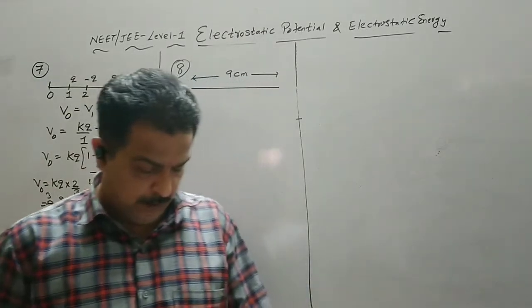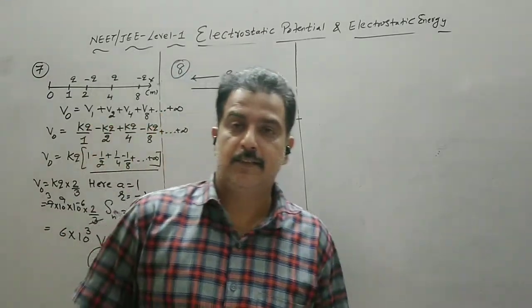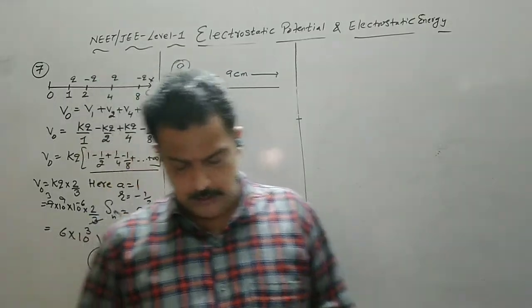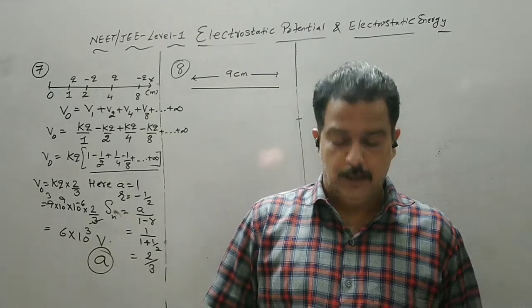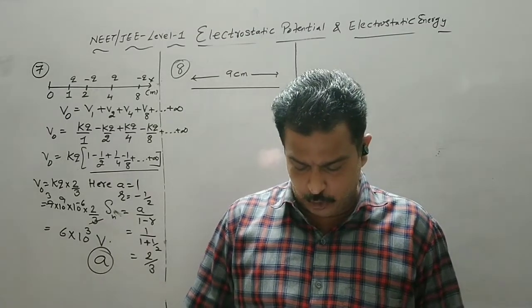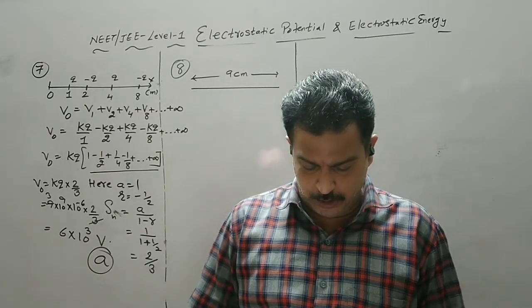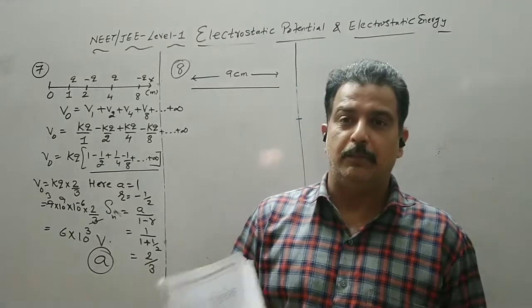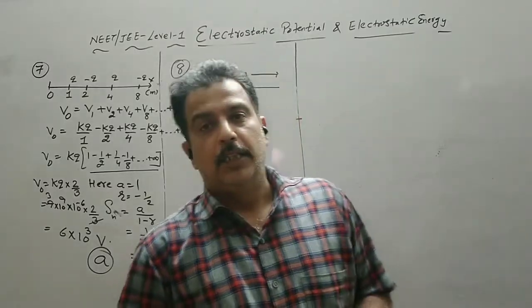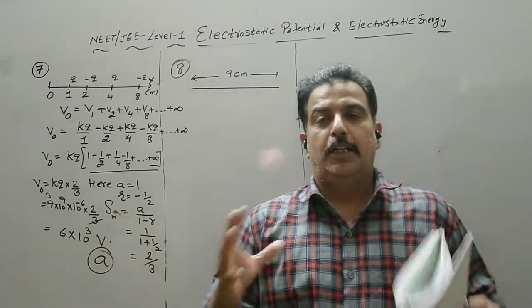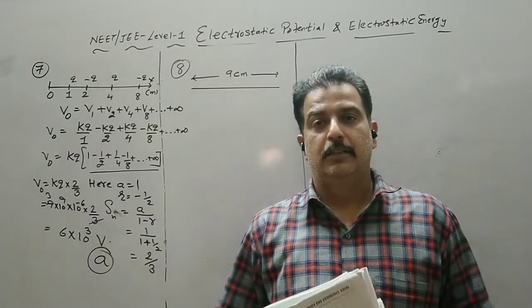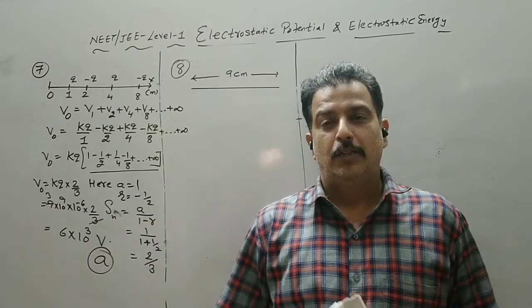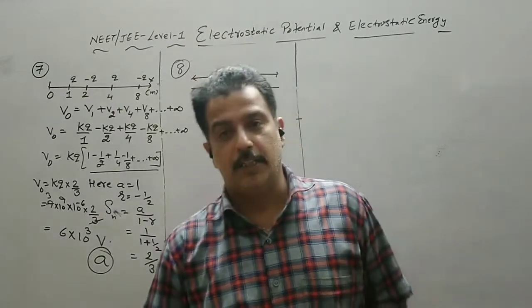You have to place 3 charges, that is Q, 2Q and 8Q. Where should the charges be placed so that the potential energy of this system is minimum? Now if the potential energy of the system has to be minimum, then the charges having large magnitude should be kept far away from each other.